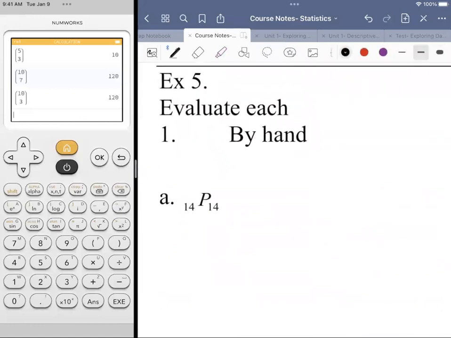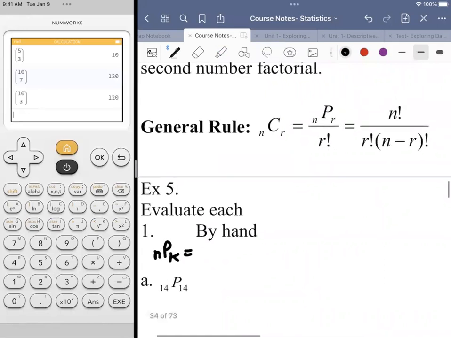So nPr, for the sake of consistency, I'm going to say nPk. And I'll make these all typos, because I know some folks have been just dying to get some typo bonus.